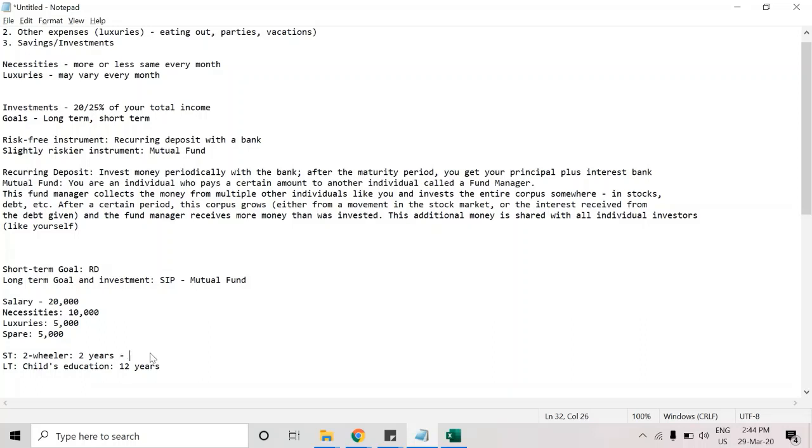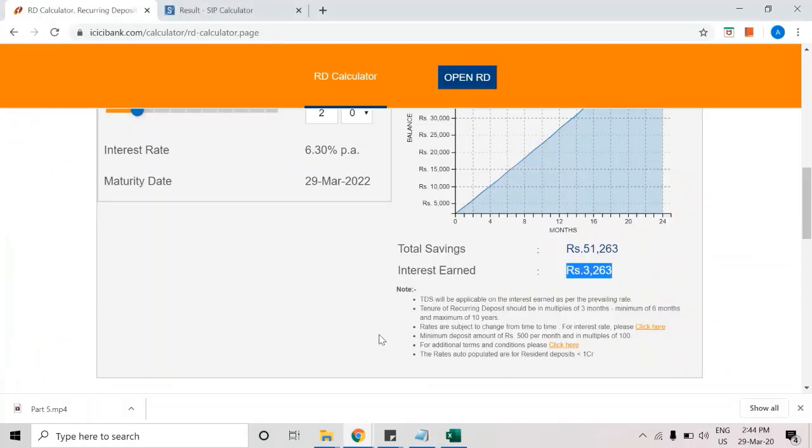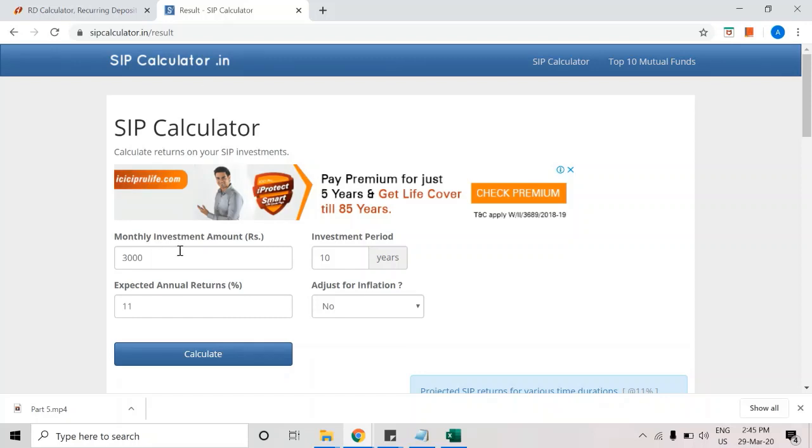So here we say is 2,000 per month. Now there are also websites to calculate returns on an SIP. SIPcalculator.in is one such website. So I've keyed in 2000 rupees for 12 years.